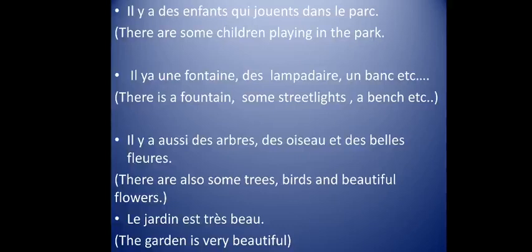So here are 4 sentences. Let's read them, and they are very easy ones. Il y a des enfants qui jouent dans le parc. There are some children playing in the park. Il y a une fontaine, des lampadaires, un banc, etc. There is a fountain, some street lights, a bench, etc. Il y a aussi des arbres, des oiseaux et des belles fleurs.